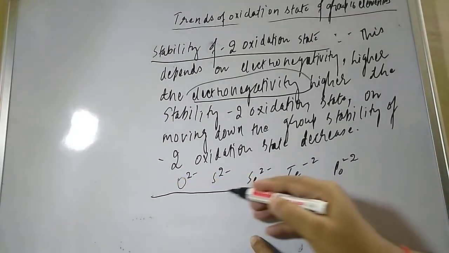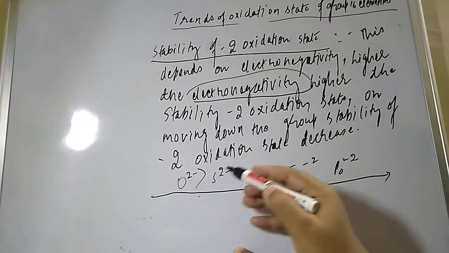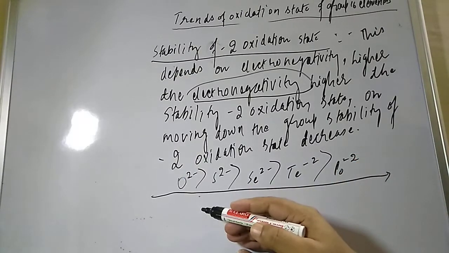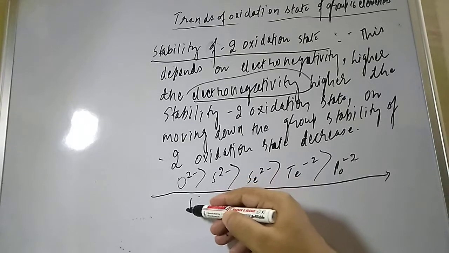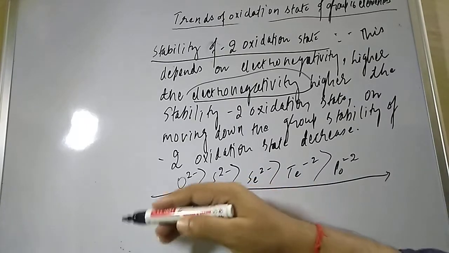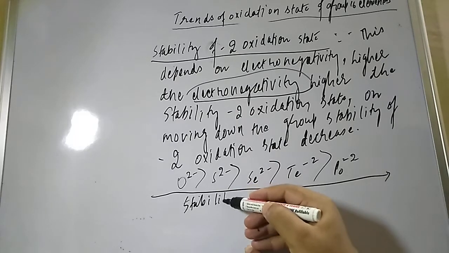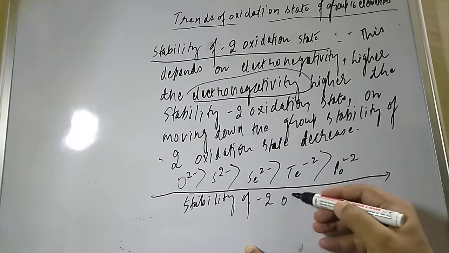So when you go down the group, stability decreases. The most stable minus 2 oxidation state is in the case of oxygen. So the stability of the minus 2 oxidation state decreases down the group.